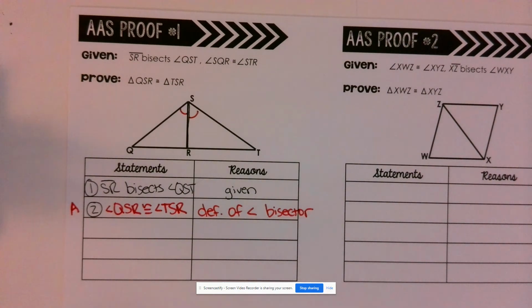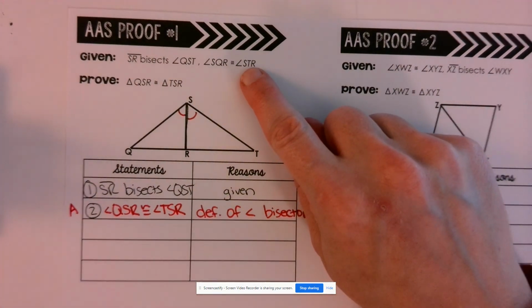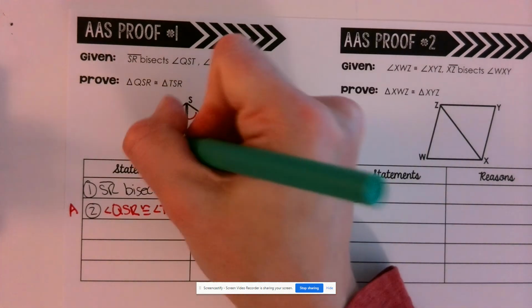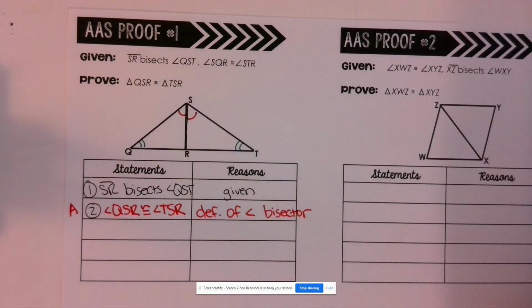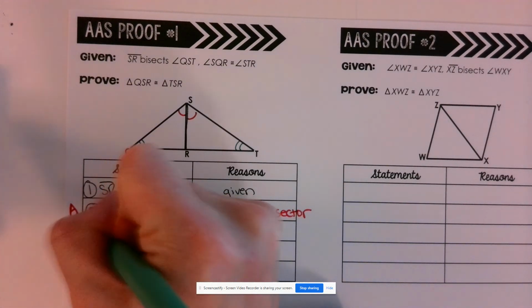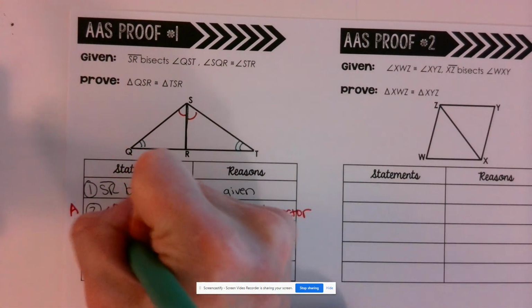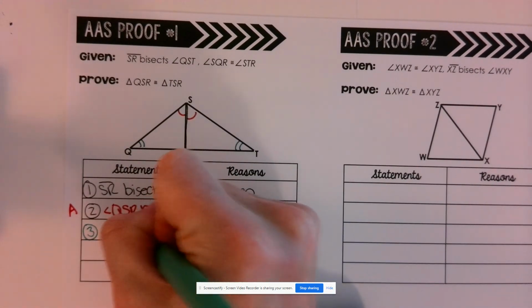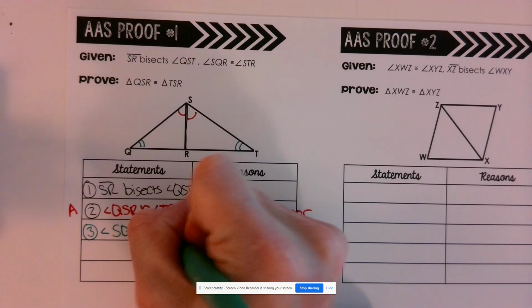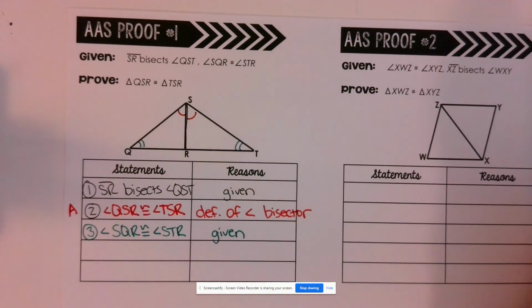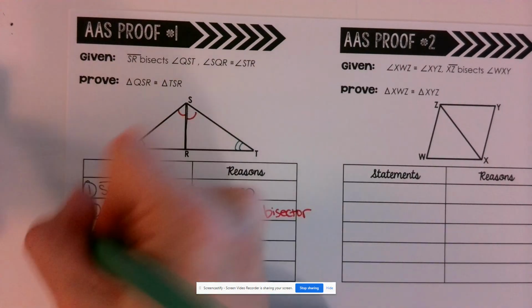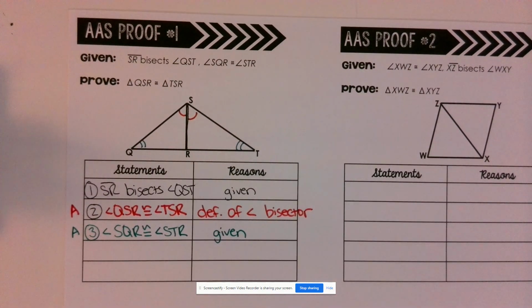They also give us angle SQR is congruent to angle STR. I'm going to add that in my proof. So from that given statement, that gets us another pair of congruent angles.